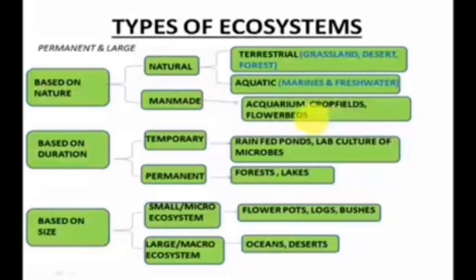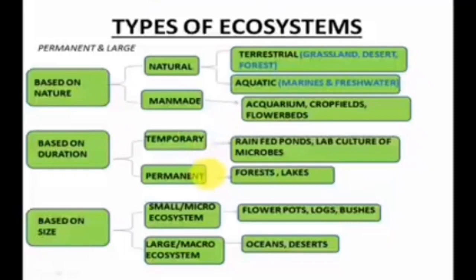Then we have the lab culture of microbes. These are microorganisms that are processed or maintained in the laboratory. Still under duration, the second one is the permanent, which includes the forests and the lake ecosystem.